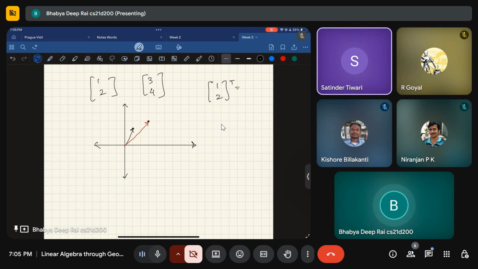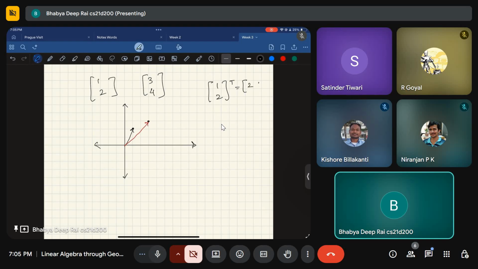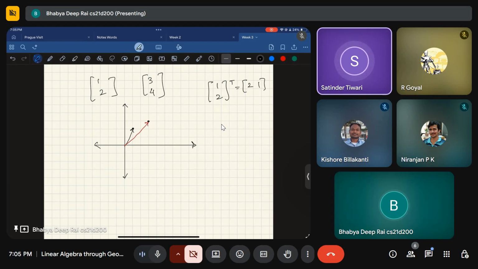It does not become a column vector anymore, right? Question is, how do you represent 1 comma 2 graphically?